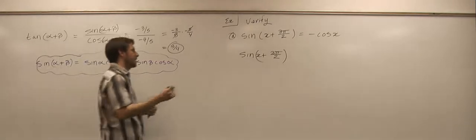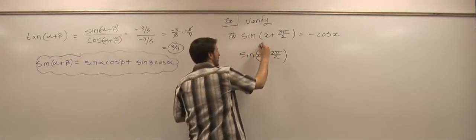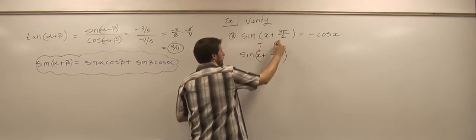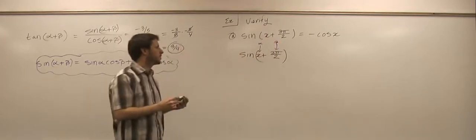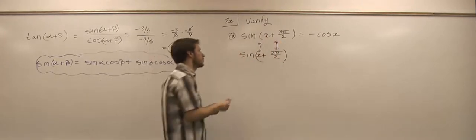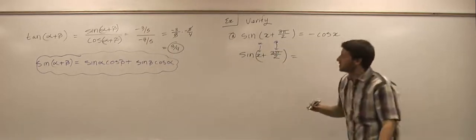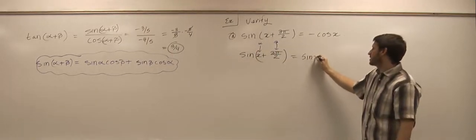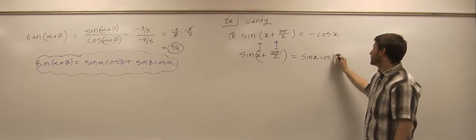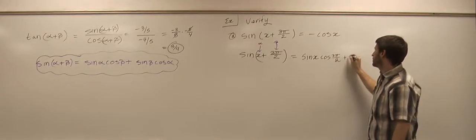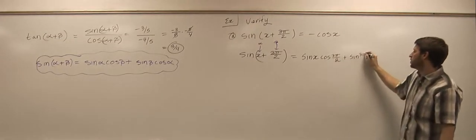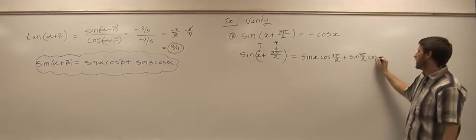So in this case, alpha will be x, and beta will be 3 pi over 2. So I will write this as sine x cos 3 pi over 2 plus sine 3 pi over 2 cos x.